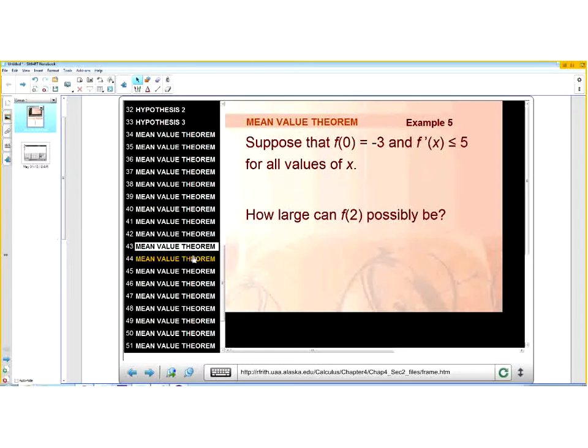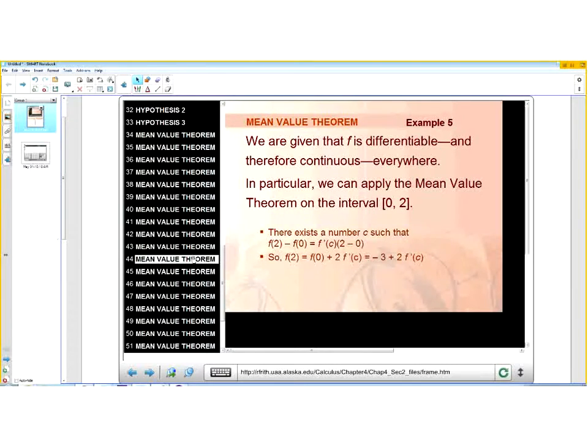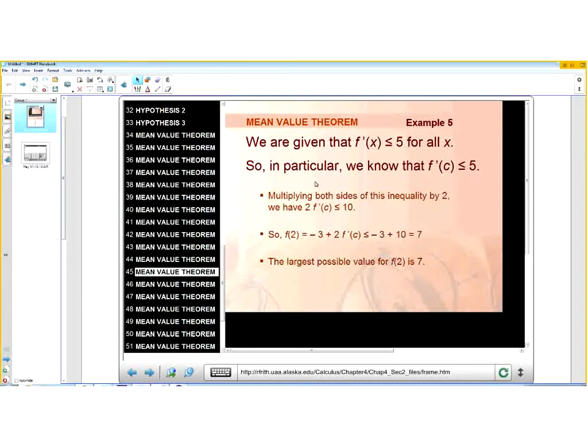So we can plug in the largest value for f prime of c to get the largest value of f of 2. 2 times f prime of c is always less than or equal to 10. So f of 2, which is equal to -3 plus 2 times f prime of c, must be less than or equal to -3 plus 10, which is 7. Therefore, the largest value of f of 2 is 7.